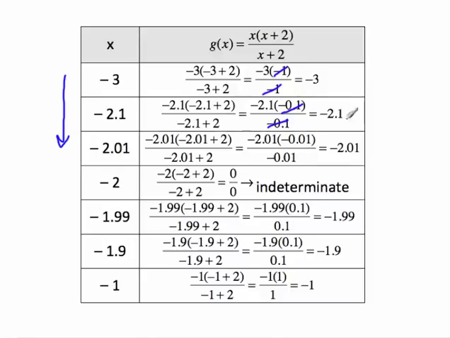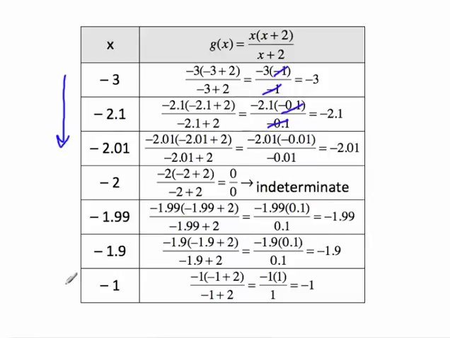In fact, as you can see here in this example, they look like they're getting closer and closer to a y value of negative 2 as well. But they'll never get there because of this fact that the values end up becoming 0 over 0 when you would have expected y to be equal to negative 2 right here, just from the graph itself.